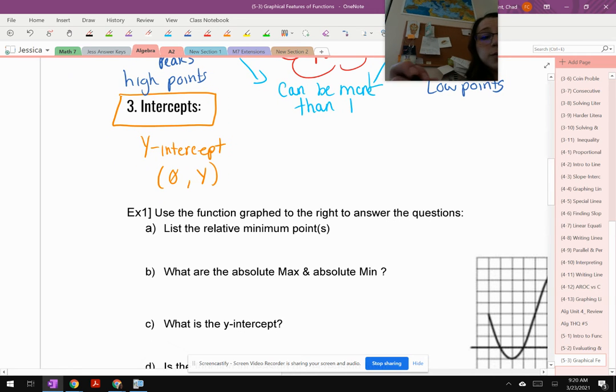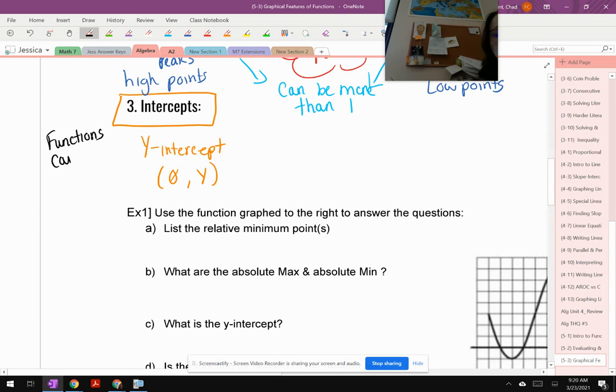And it's important to realize when we're talking about functions and y-intercepts, functions can only have one y-intercept.